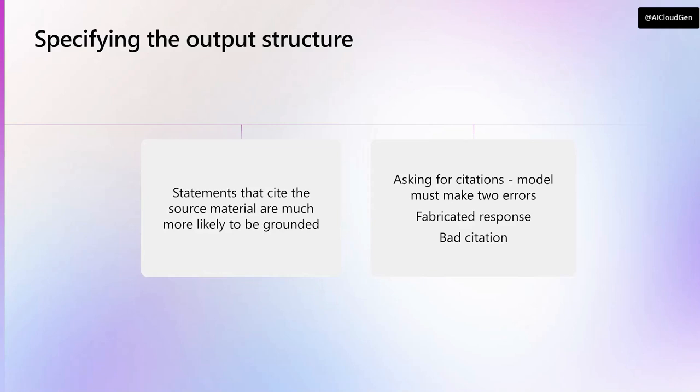You can also tell the model to give the information in a JSON format, or to give the source material from where it got that information. You can ask for any of these things as part of the prompt, and basically you are dictating the output structure you are looking for from the model. And that's a good practice, because if you ask for it, the model is going to provide that information.